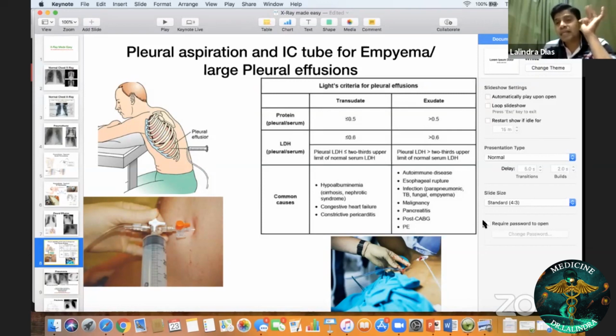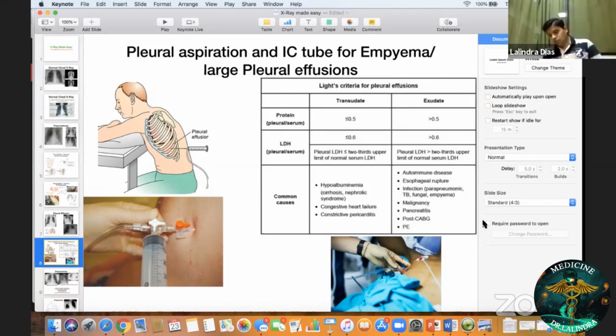Then you have malignancy, bronchial carcinoma. Bronchial carcinoma can cause a malignant pleural effusion, and there also the protein content is high. Pulmonary infarctions due to thromboembolism, like pulmonary embolism, can cause pleural effusion, and that is also an exudate type of pleural effusion.